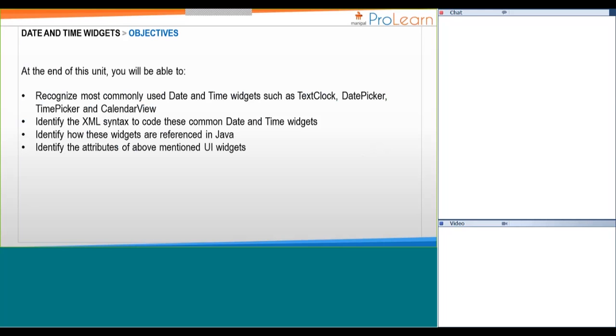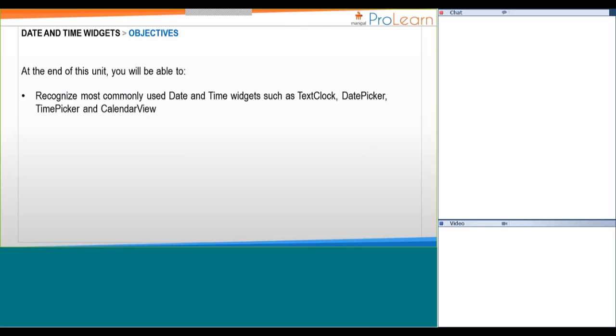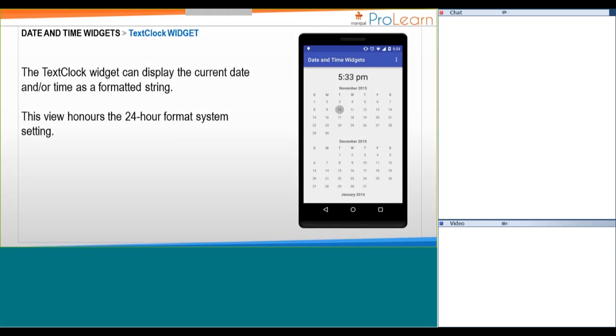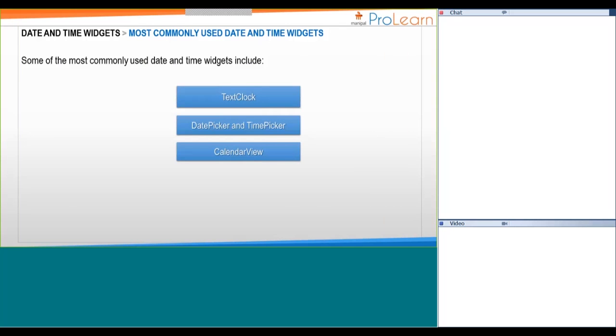And also identify the XML syntax for it and how to reference them in Java, and also some of the attributes related to those UI controls. So these are the things that we'll be seeing in this unit: text clock, date picker and time picker, and the calendar view control.